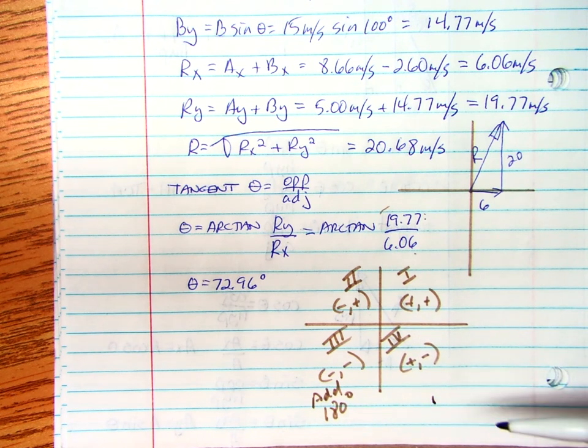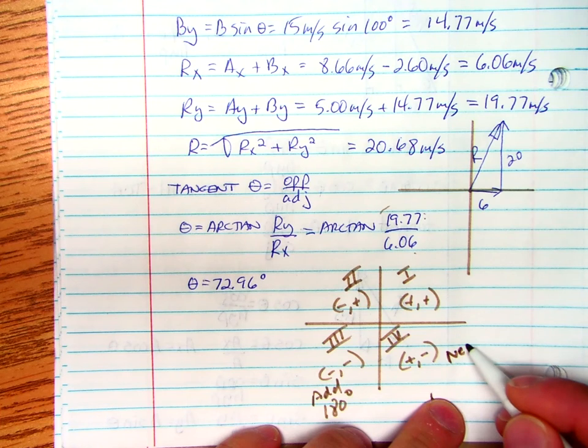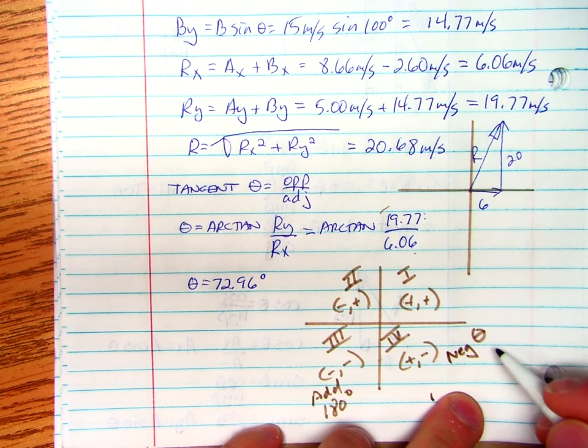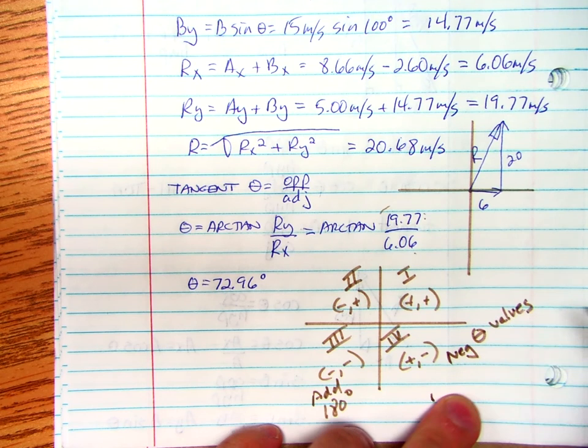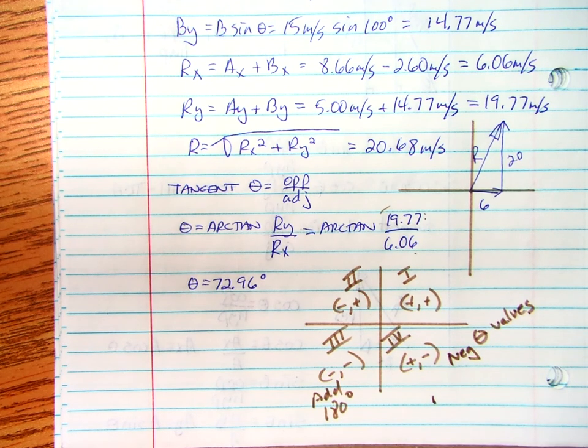Here's the other problem. Values that your calculator gives you in the fourth quadrant are going to be negative theta values. For instance, it might say negative 15 degrees. You start from the positive x-axis, just like we always measure, but instead of measuring counterclockwise, which is the positive direction, you go clockwise, which is the negative direction.